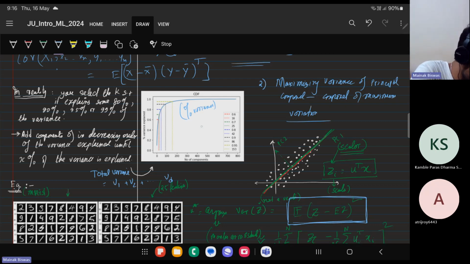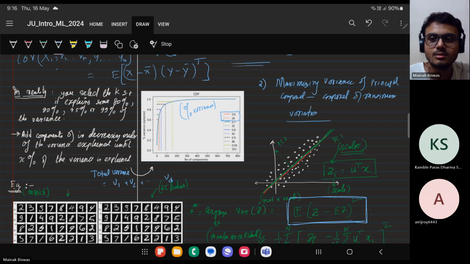So here you see 60% of variance on MNIST is just represented by 16 features, right? Just 16 features out of 785 explains 60% of the variance, right? Isn't it so mind-boggling?